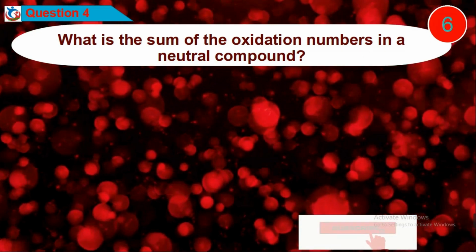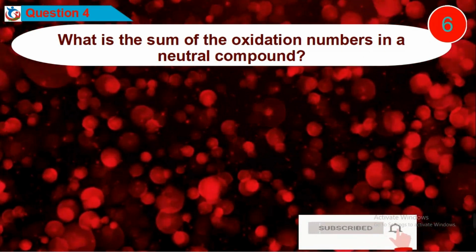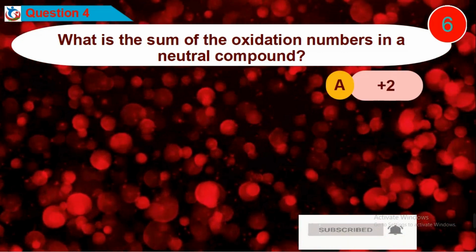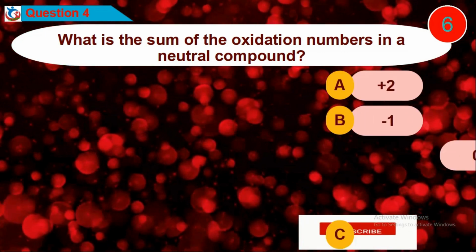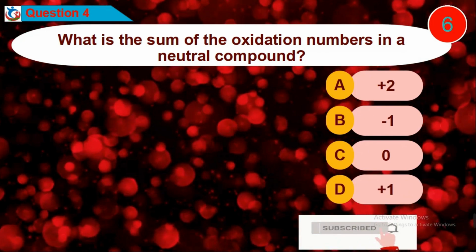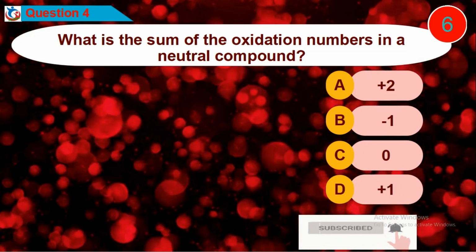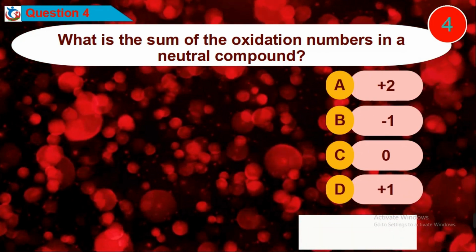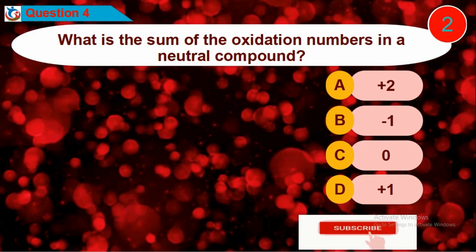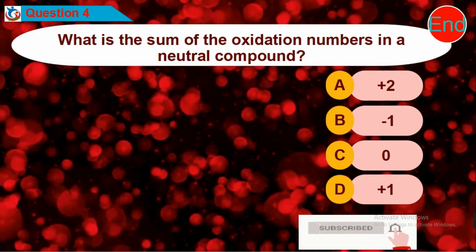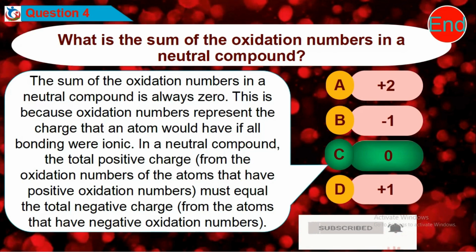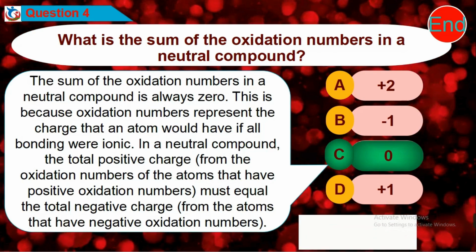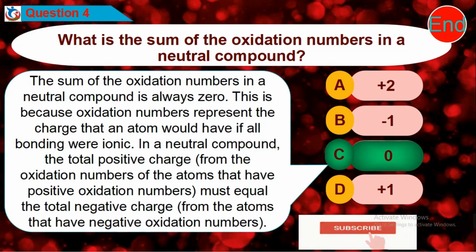Question 4. What is the sum of the oxidation numbers in a neutral compound? Is it option A, B, C, or D? The sum of the oxidation numbers in a neutral compound is always 0.